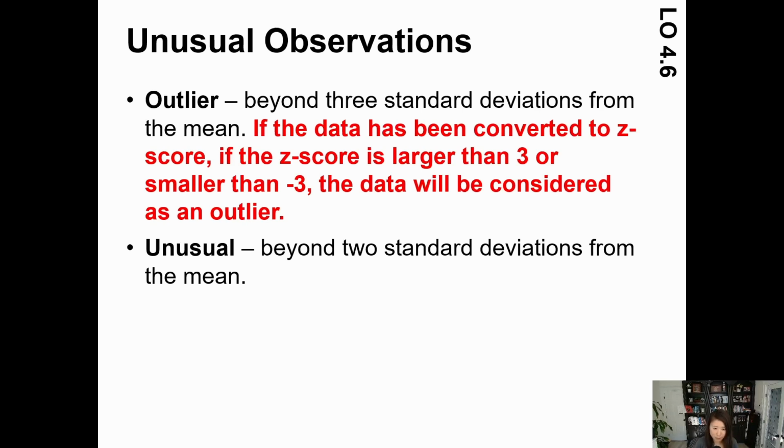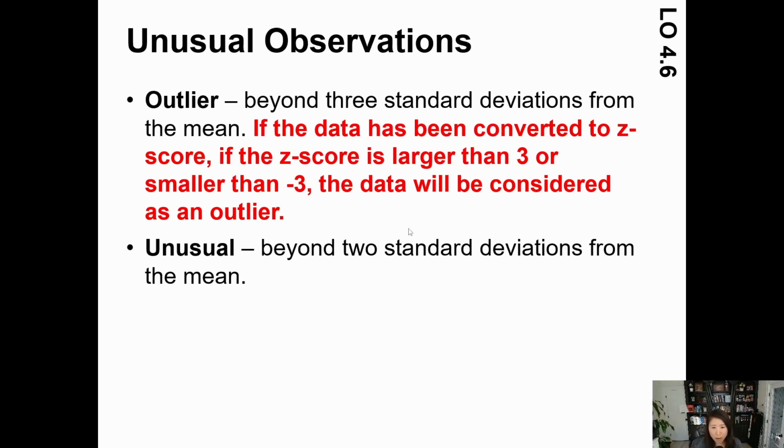I will repeat one more time: the rule we use to identify an outlier is based on negative 3 and positive 3 of your z-score. If the z-score is larger than 3 or smaller than negative 3, that is our outlier. Here we are also calling out something called unusual, which is less important than an outlier. If the z-score is larger than 2 or smaller than negative 2, we consider it unusual, but it's not an outlier yet. So the threshold of 3 is what you have to remember.